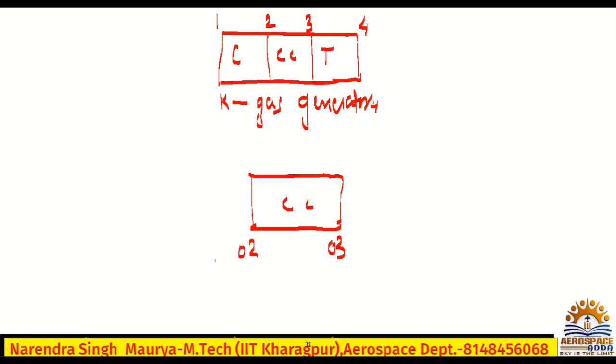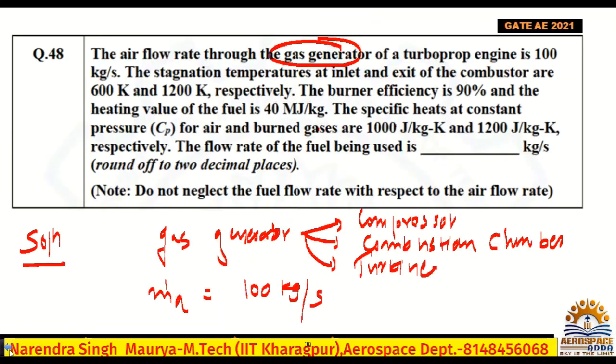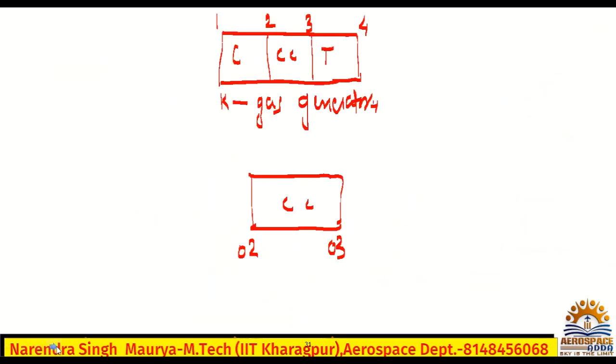All right. They have given value for the stagnation temperature at inlet of the combustor as 600 and exit as 1200. So they have given this is 600 Kelvin and 1200 Kelvin. All right. This value they have given.